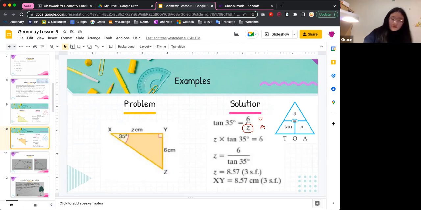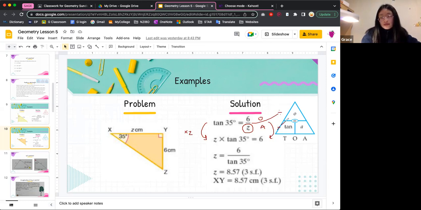Now, z is on the bottom, so we need to get it onto the top because that's the easiest way to solve the equation. So if we multiply both sides by z, remember this line is dividing. So if we times z again, then that's going to cancel out.